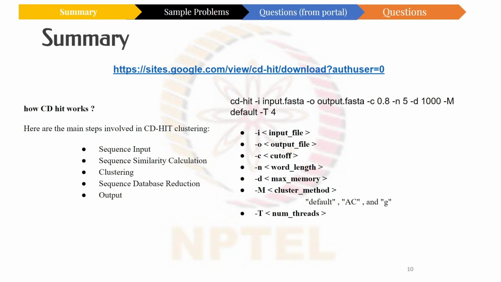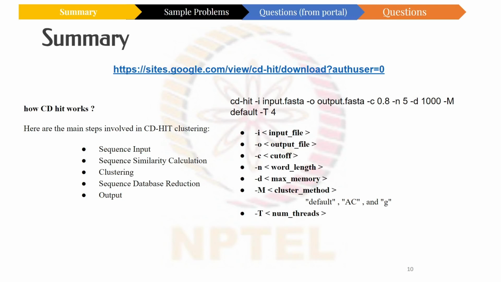Next we have clustering methods. Recently the -m flag has been introduced, which is to select the clustering method. There are three options. The default option is fast but not as sensitive as other methods. Next we have a slower method, denoted by AC, but the sensitivity is high.